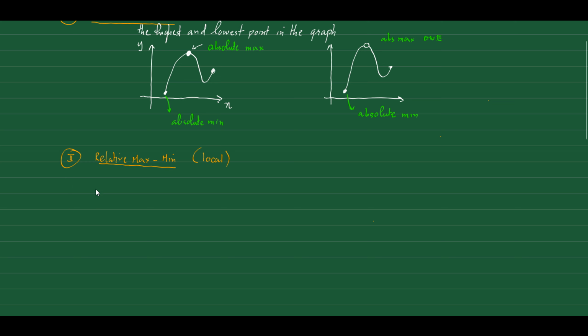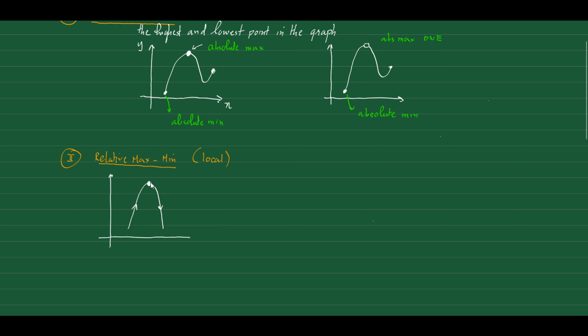Okay, increasing and decreasing. If you have something like this, right over here you see that when the function goes from increasing to decreasing, this is the highest point.